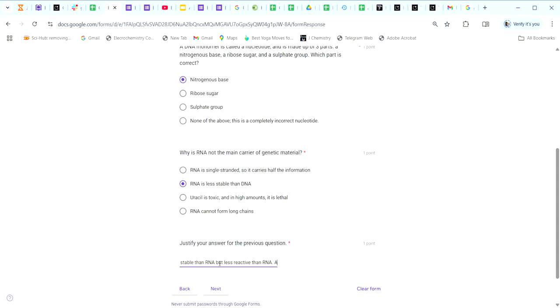As RNA is less reactive, so it will form complex structure.